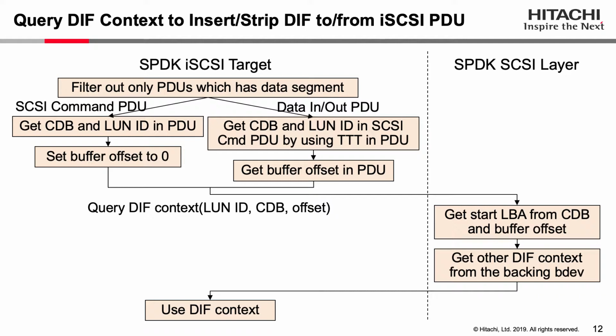And what we get is, at first, the start block address to store or read from the storage. How we get it is, first decoding the SCSI command data and then adding the offset, and by that we can get the start block address.